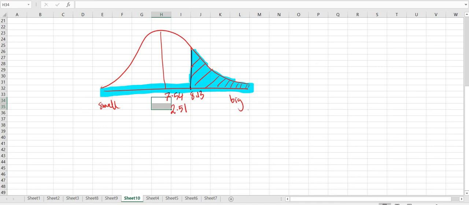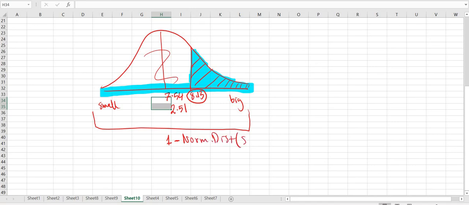If we say the entire area, which is 1, minus the area to the left of 8.13, which is this one right here, and I can compute it with NORM.DIST of 8.13, comma, the mean 7.54, comma, the standard deviation 2.51, comma, TRUE. Then I will be able to find the blue area, which is what I am looking for.